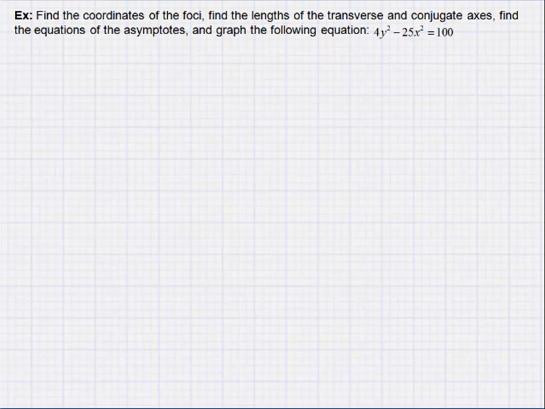Here's another question. Find the coordinates of the foci, find the lengths of the transverse and the conjugate axis, and find the equations of the asymptotes for this particular one. So again, got to be equal to 1. So if I divide by 100 across the board, I'm going to get y squared over 25 minus x squared over 4 equals 1.